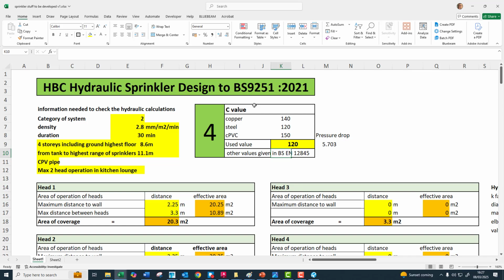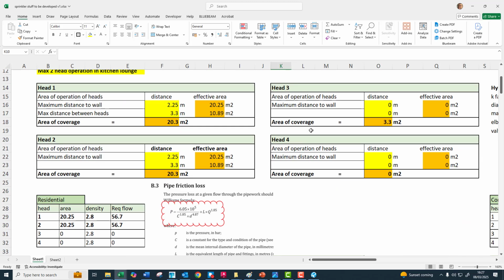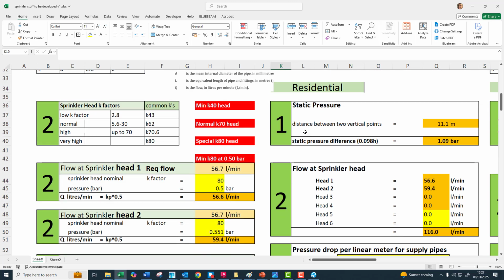So you can see what a difference, hydraulic difference, the material of the pipe makes, and it's purely down to internal friction and how smooth that surface is. The other, I'm just trying to think what else we can manipulate in the spreadsheet.